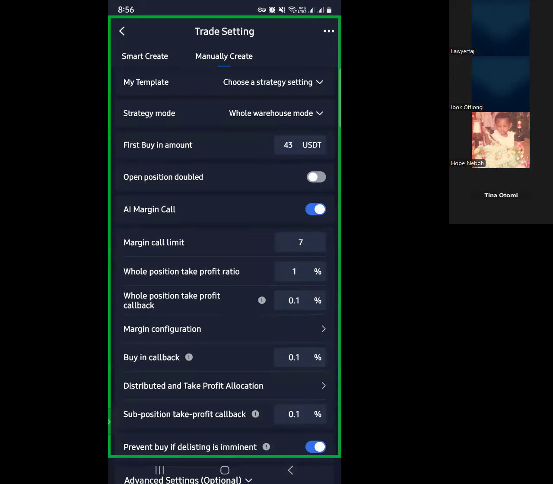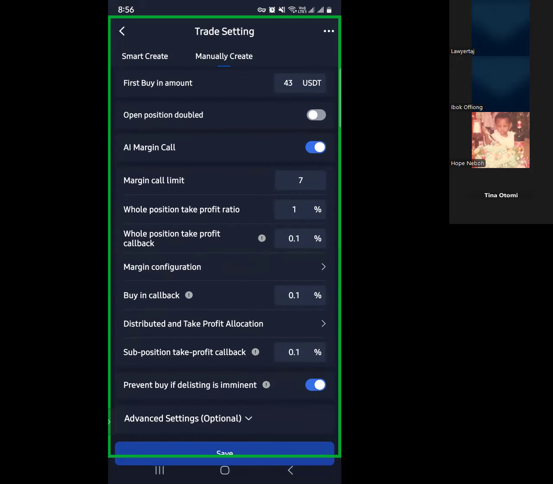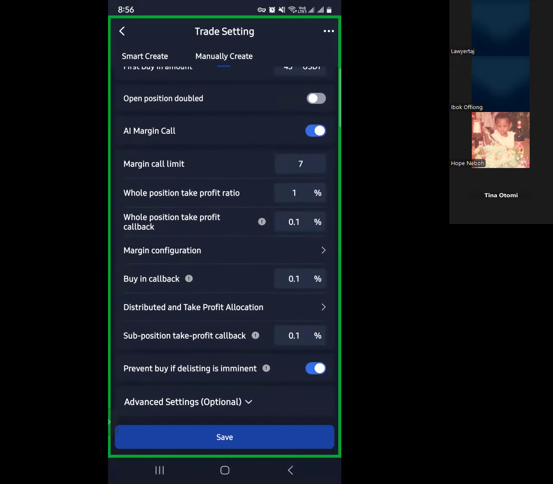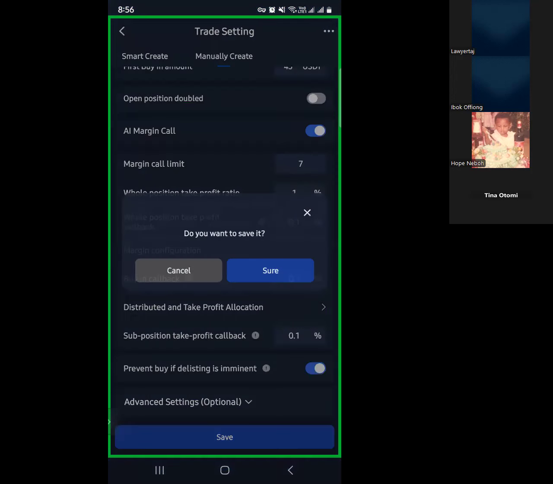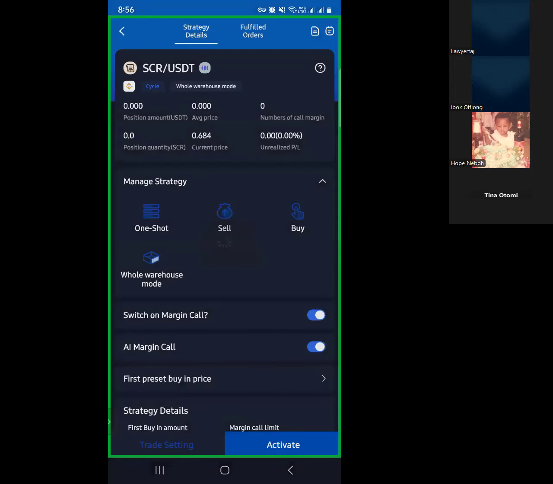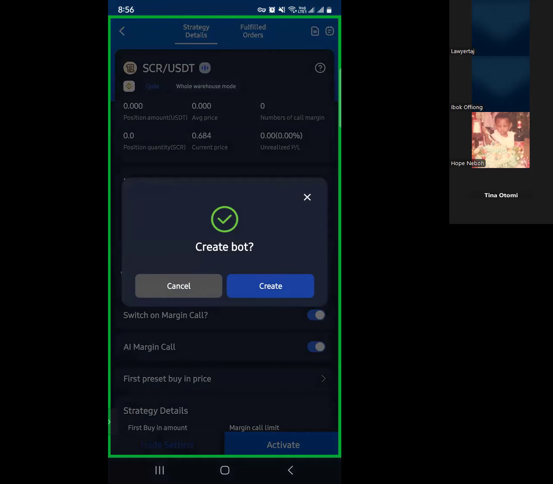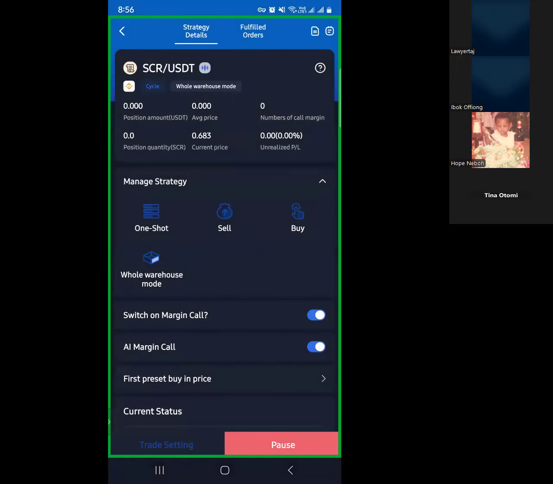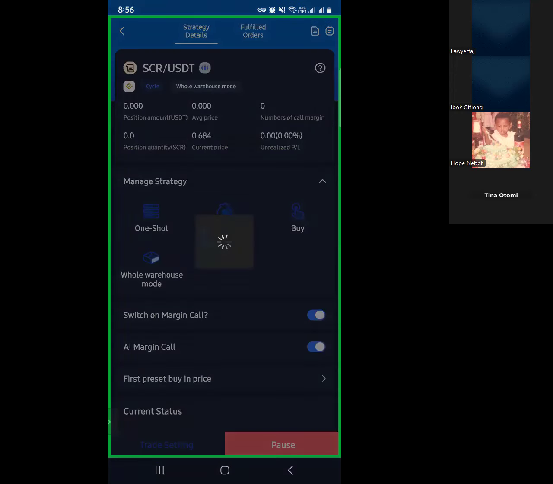Everything has changed to my strategy setting. So my strategy setting basically is on cycle and I go for 1%. So as soon as it closes, it automatically opens another trade for me in the same coin. So I'll click on show, come to activate, and I click on create. So I have created this trade right now.